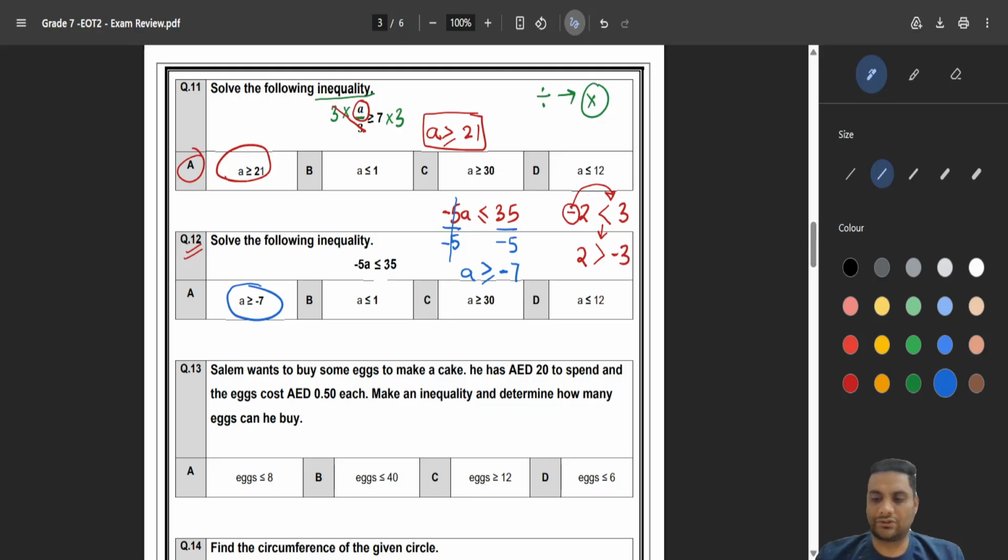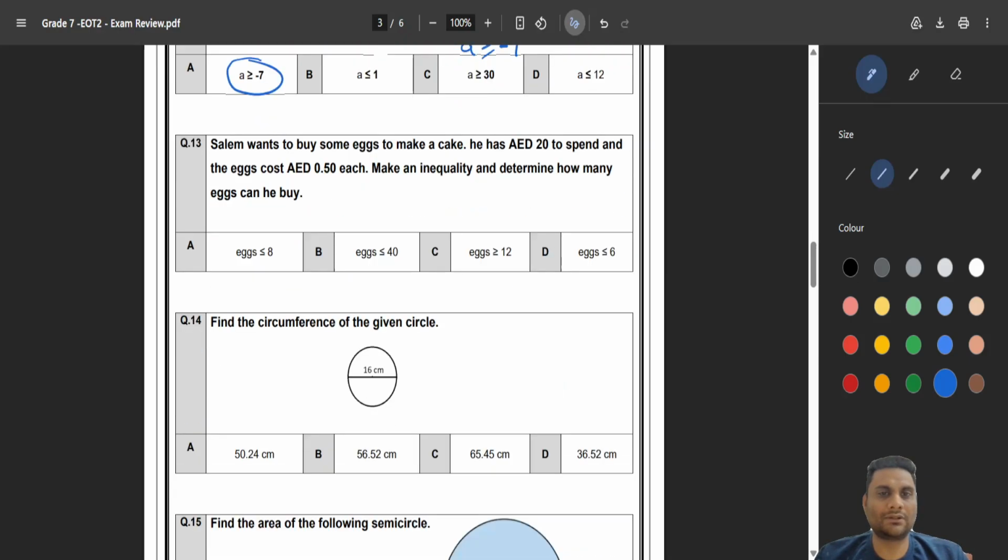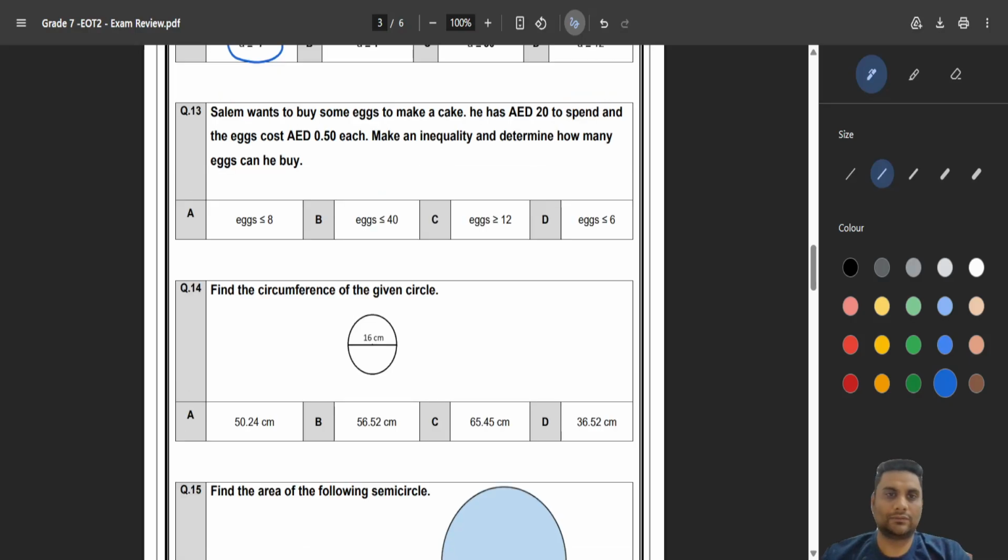So remember these rules. Question number 13 now. Let's read. Salim wants to buy some eggs. Class, how much money does he have? 20 dirhams. So again, if I have 20 dirhams, it means I can spend 20 or less than 20, right?